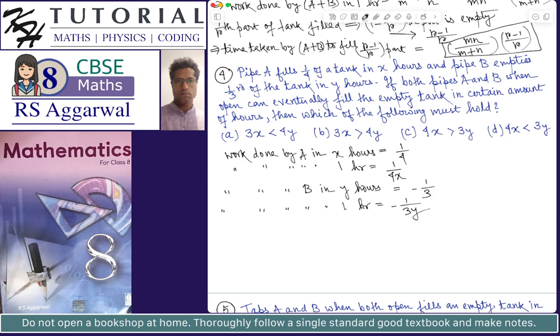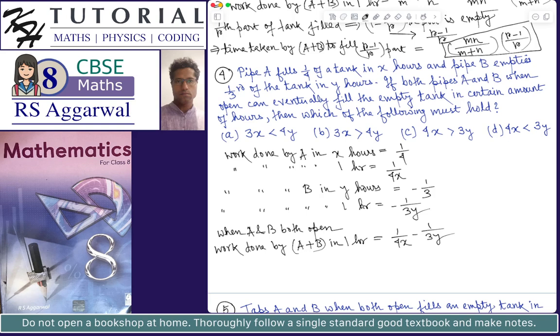So when A and B are both open, work done by A plus B in 1 hour will be equal to 1 by 4x minus 1 by 3y.